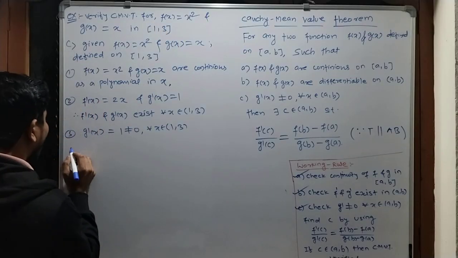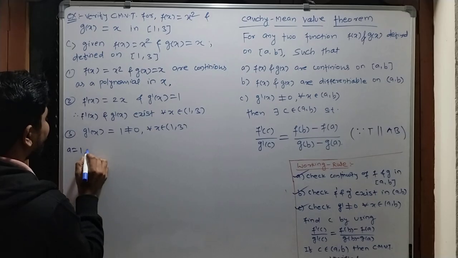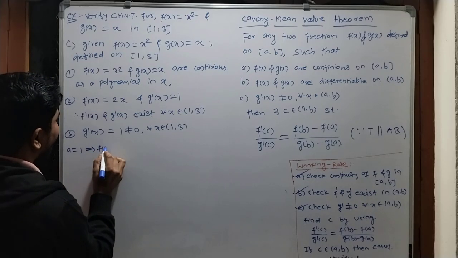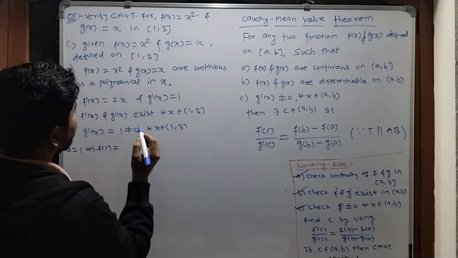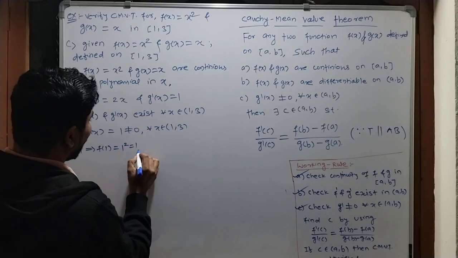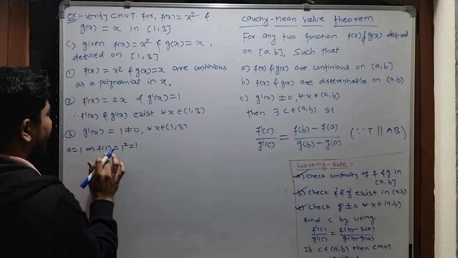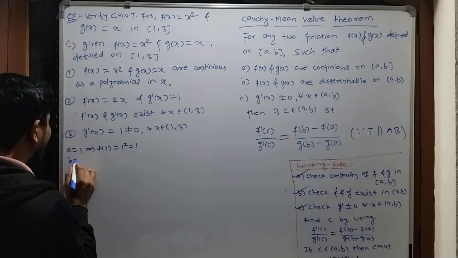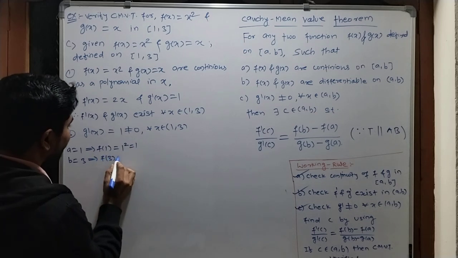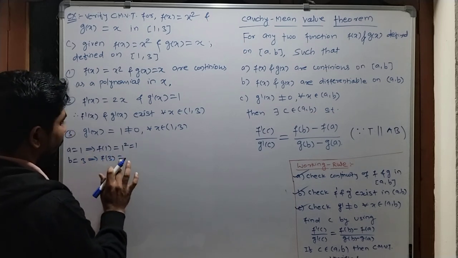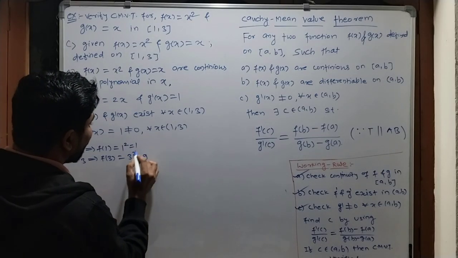So here a equal to 1. This implies f(1) equal to 1 square, since f(x) is x square, which is equal to 1. And b equal to 3. This implies f(b) equal to f(3) equal to 3 square, which is equal to 9.